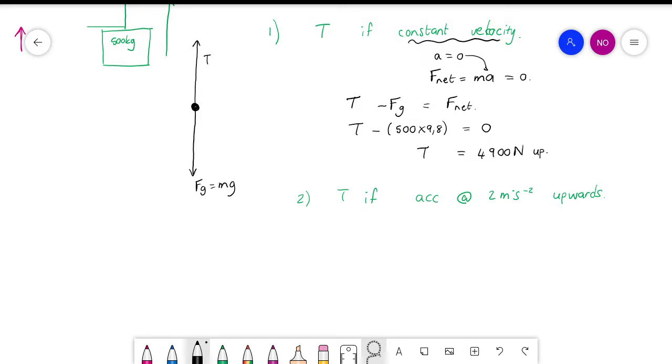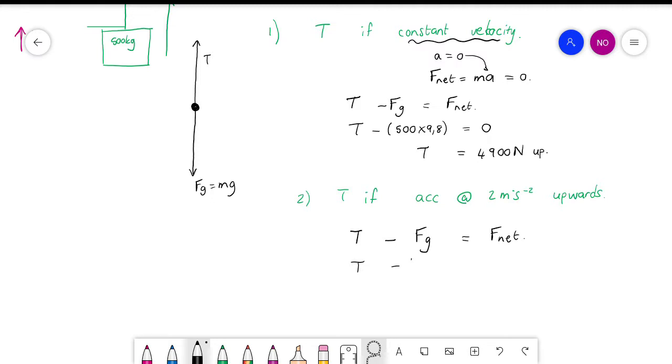So, the diagram remains more or less the same, except the arrows aren't going to be the same length anymore. I still have T pointing upwards, and I still have Fg pointing downwards. But if they're equal, F net is no longer equal to 0. Okay, so T is wat ons wil uitwerk.